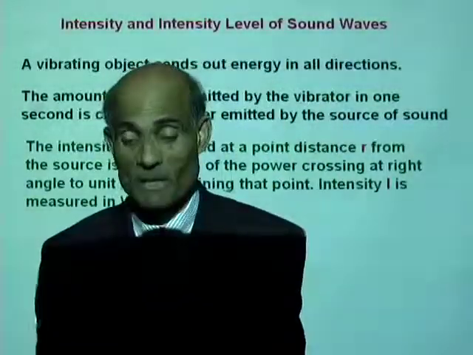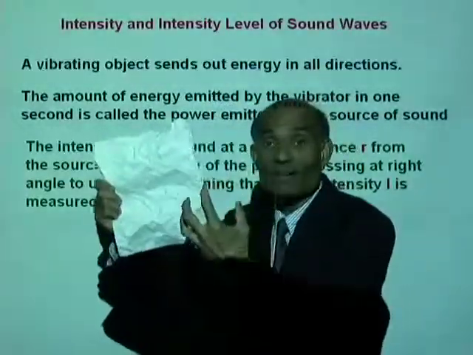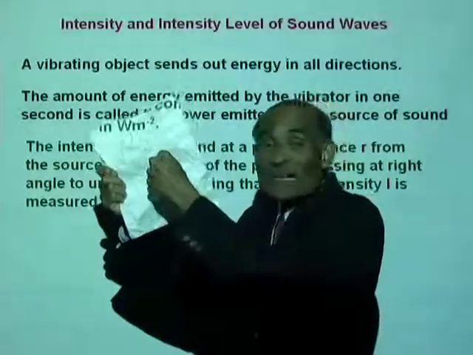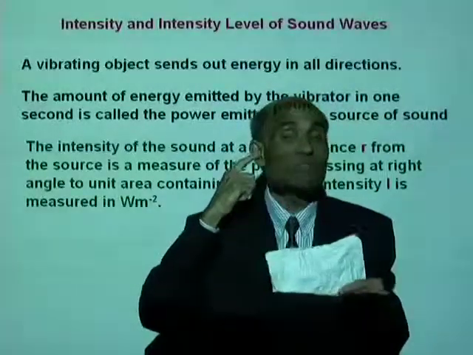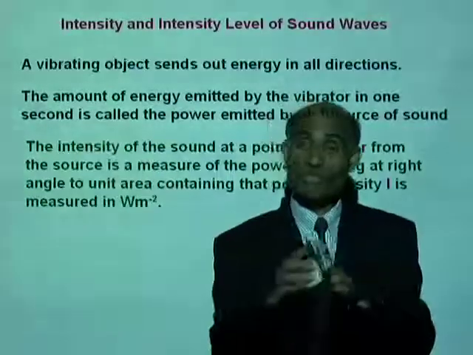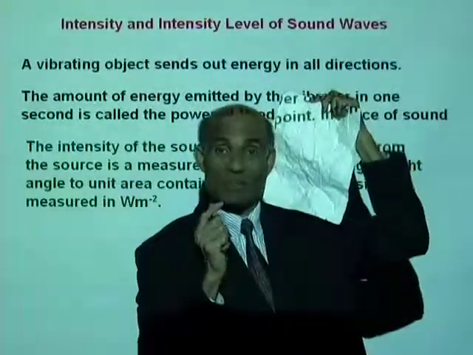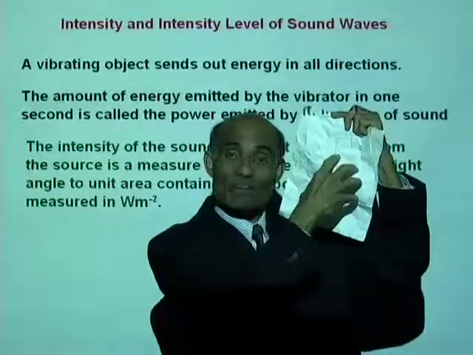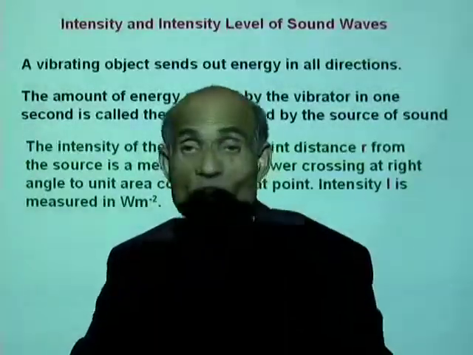In other words, intensity at a point is a measure of the power that is crossing at right angles to a unit area that contains the point. Suppose I want to find the intensity of a particular sound, that is, the source is somewhere there. Now, to find the intensity, what I do is I keep a unit area where I'm standing and measure the power crossing this unit area, and that will give me a measure of the intensity of that sound.